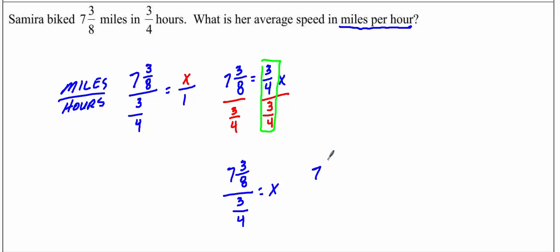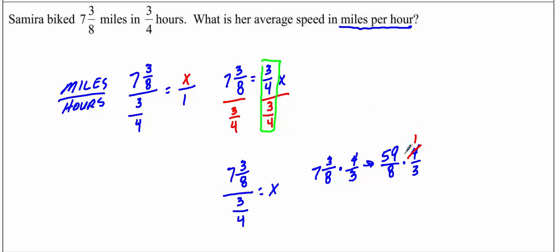That becomes 7 3/8 times 4/3, times the reciprocal. Let's make this into an improper fraction. 7 times 8 is 56, and 3 more makes 59. So 59/8 times 4/3.